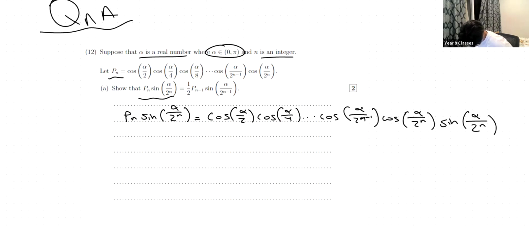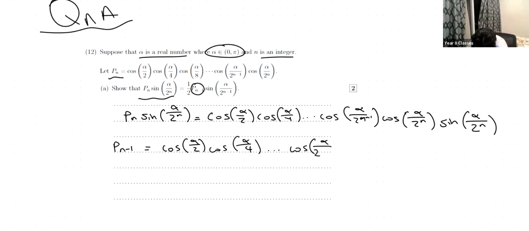And now I want to make it look like that. Right, Pn minus 1 is just going up to the last term, so cos alpha on 4, and then it's just going up to this.